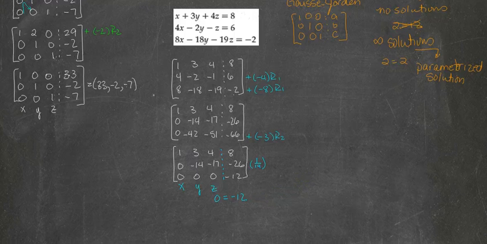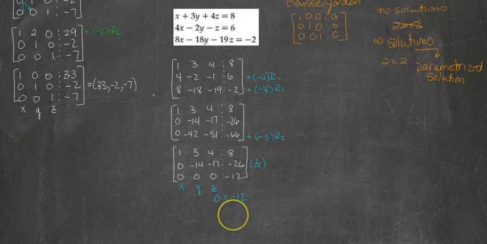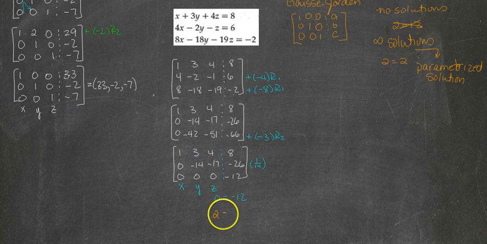If, on the other hand, I had calculated this entire matrix, and when I got to the end, I had something that was true, for example, 2 equals 2, then I would have been able to say that there were infinitely many solutions.